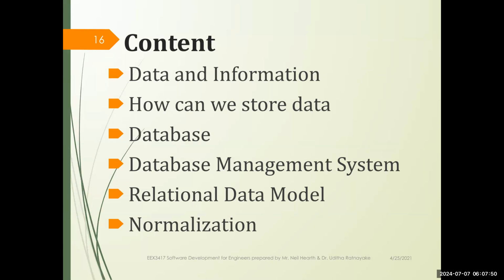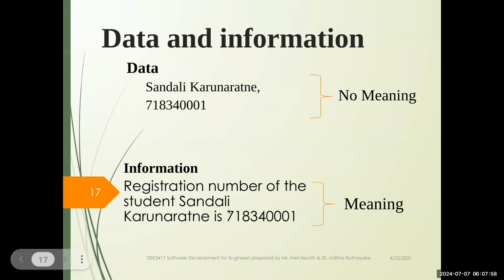Book 2 has mainly database and data modeling: database management system, relational data model, normalization. You can see this data and information, all those things in book 2 under data modeling.